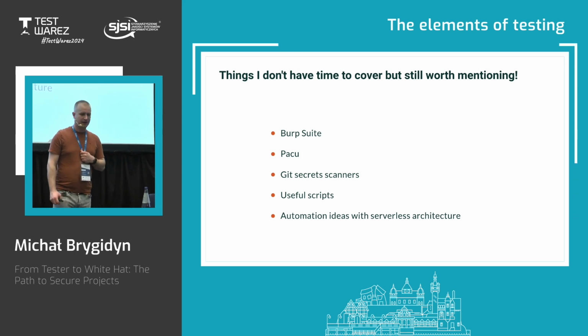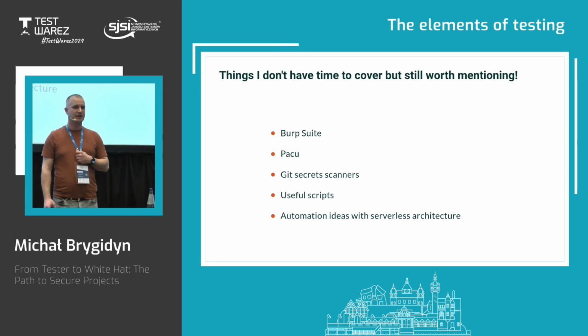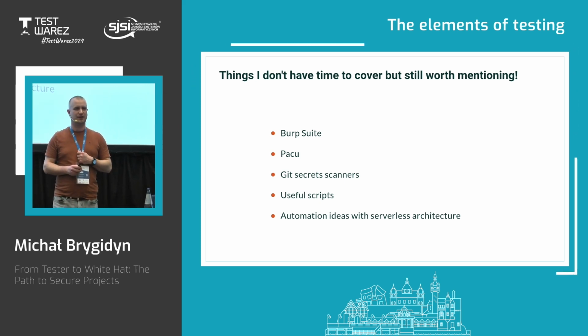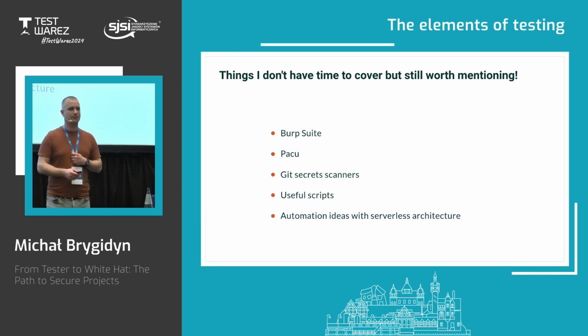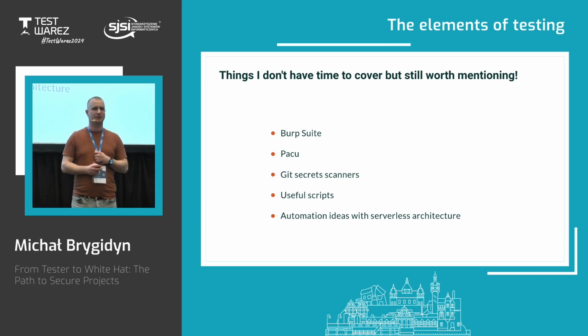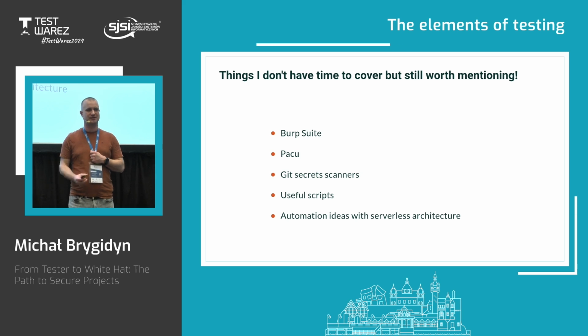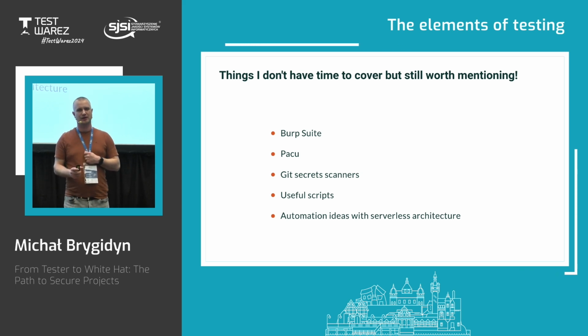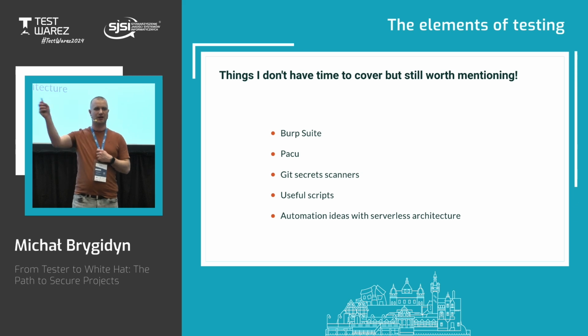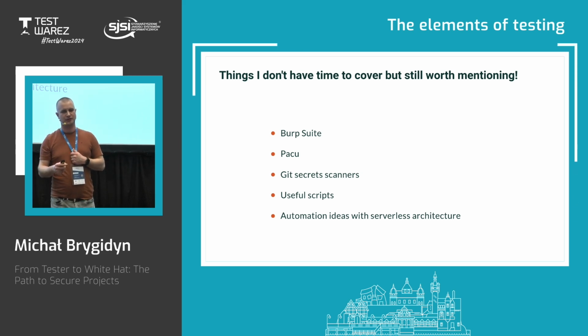Then Git secret scanners. This is something you can do right now with your projects. Scan the repository and check if your developers made a mistake by pushing credentials, plain text passwords, configs with connection strings with login and password. If you can find it in the current revision, then hey, big red flag. If in an older revision, then check if these credentials are still valid.